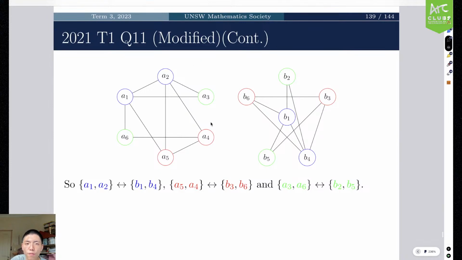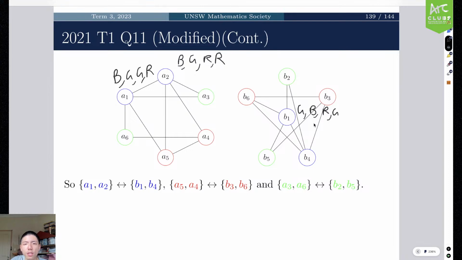Okay, so let's take a look at this A1, for example. We can see that A1 is next to a blue, green, green, and red. This blue up here is connected to a blue, green, red, and red. So let's go down to these two blues down here. This one is connected to a green, blue, red, green.